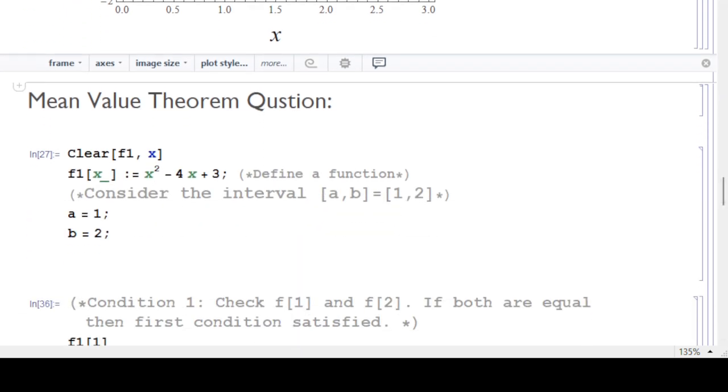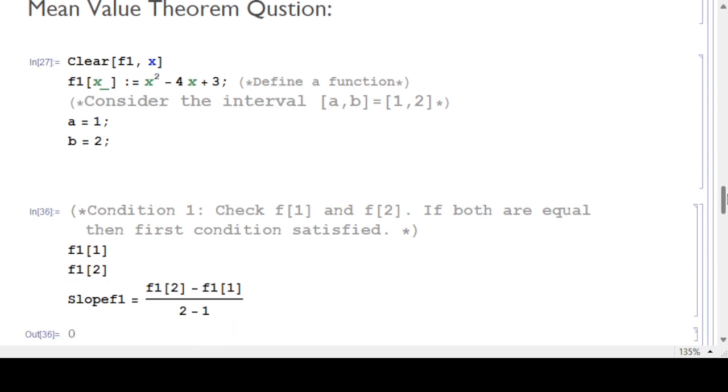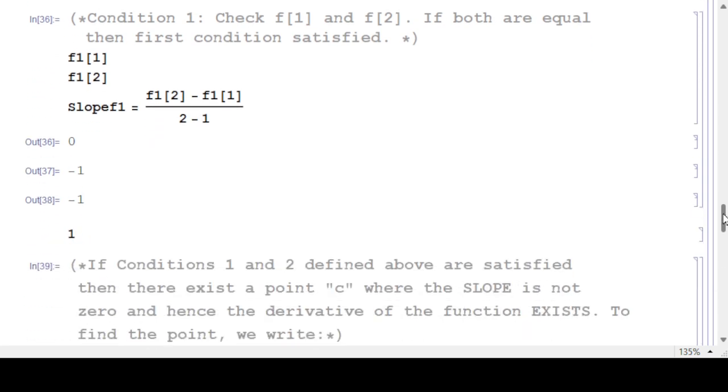On the other hand, if we consider the same function and change the value of b, then condition 1 says that if both are equal, then the first condition is satisfied. But if these are not equal, then the first condition is not satisfied.